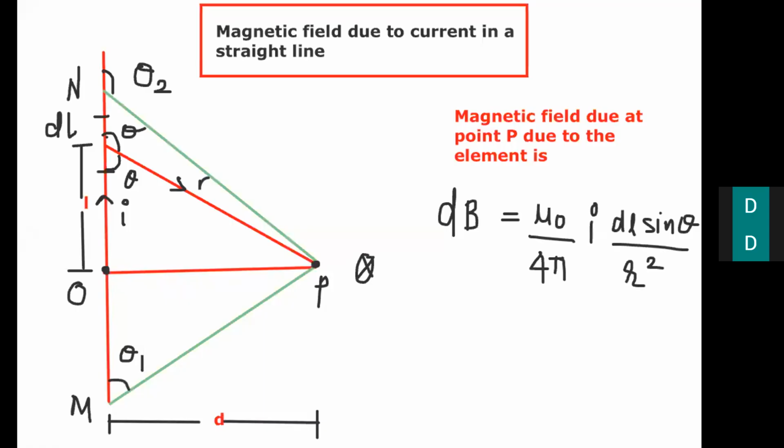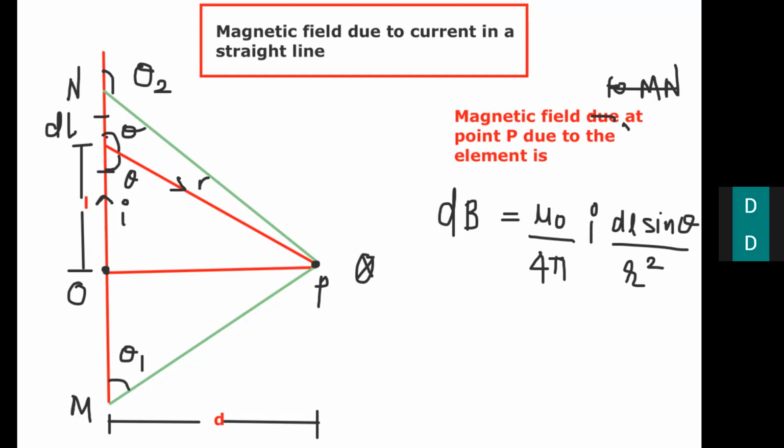So now the magnetic field at point P due to the element is dB equals mu 0 upon 4 pi into I dL sine theta upon R square.